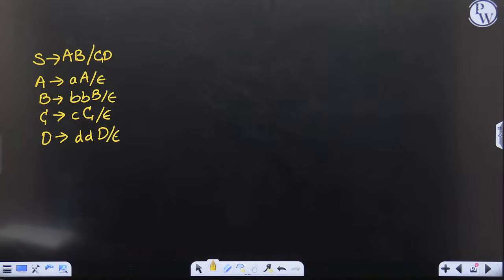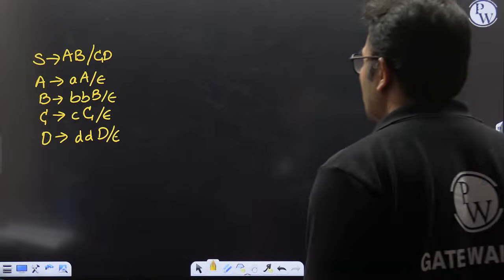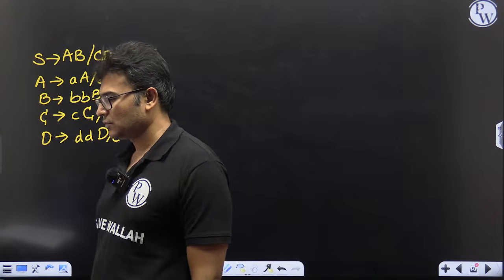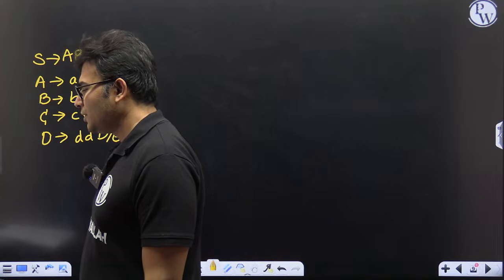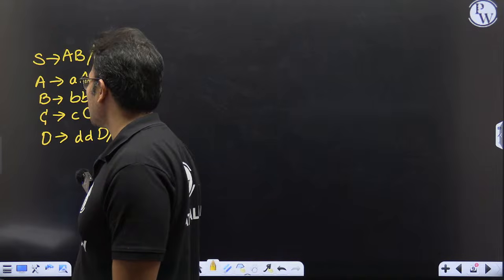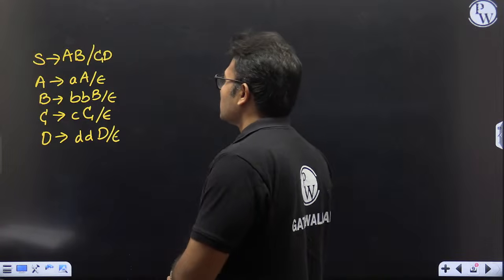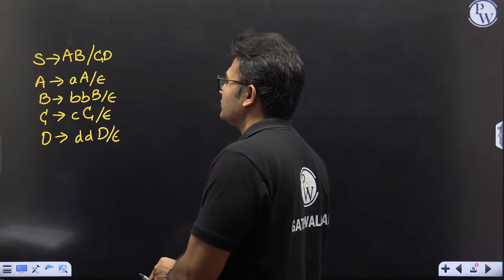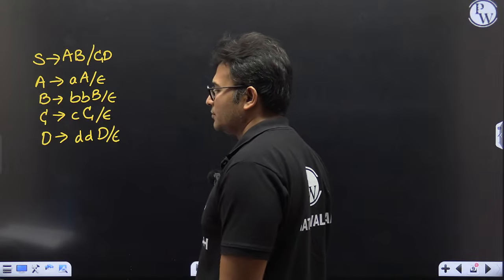Is this grammar ambiguous? Just see what AB is deriving, what CD is deriving, then you can answer this question, right?